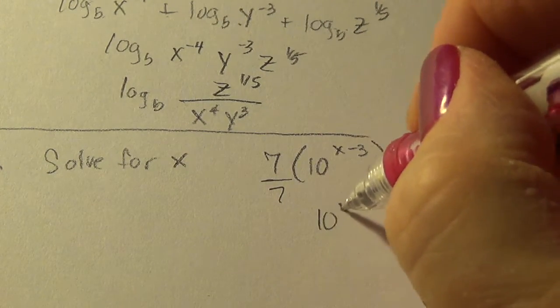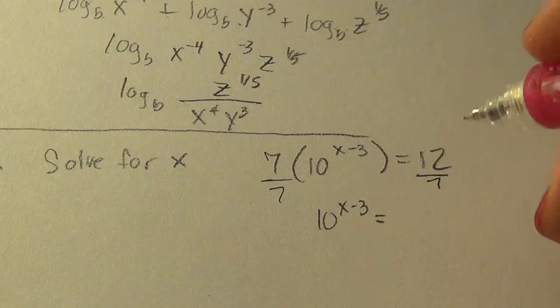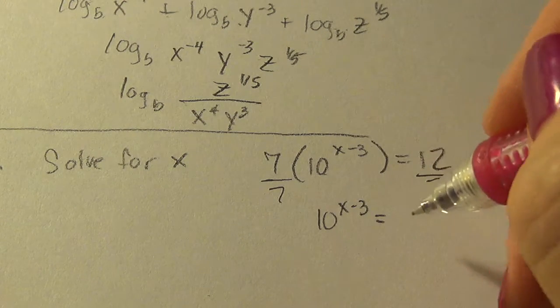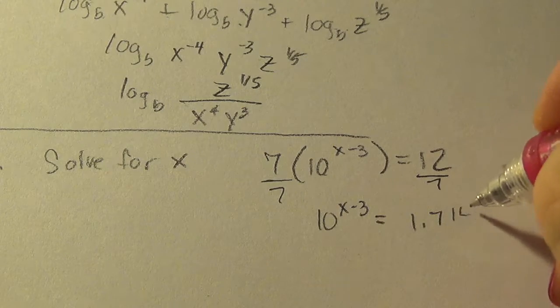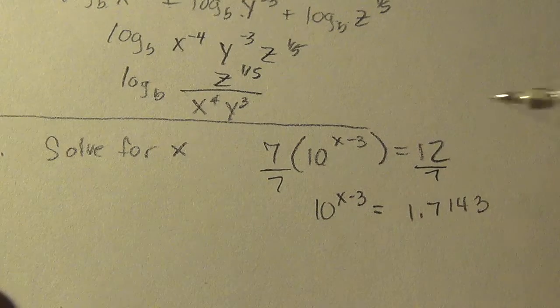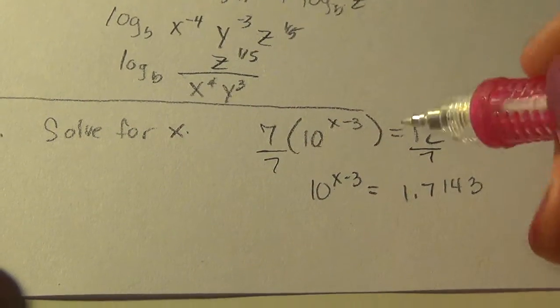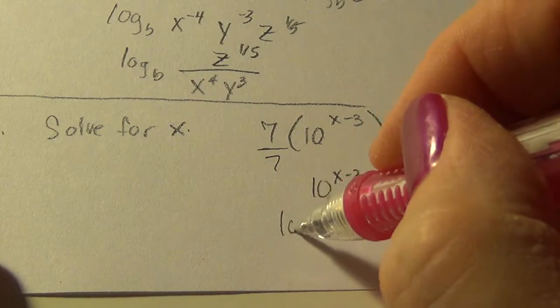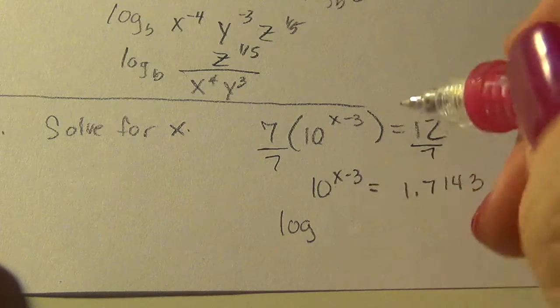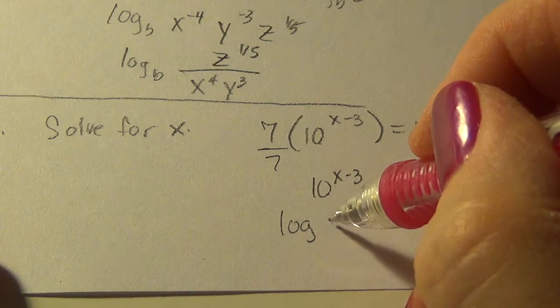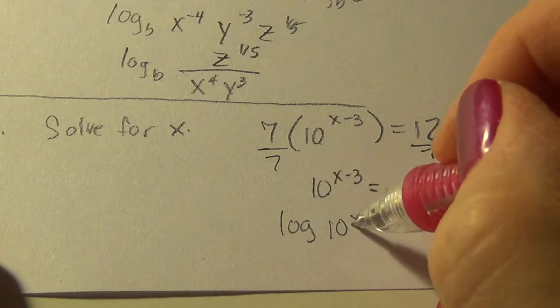And I get 10 to the x minus 3 equals 12 divided by 7, which is 1.7143. Now I need to get that exponent down where I can solve for it, and I do that with the word log. Because this is base 10, I'm going to use log, because log is base 10.